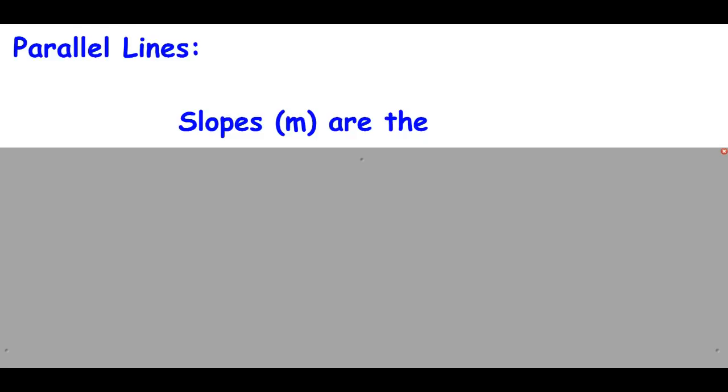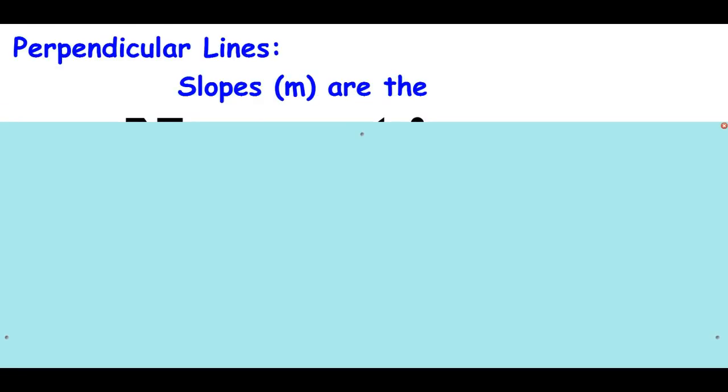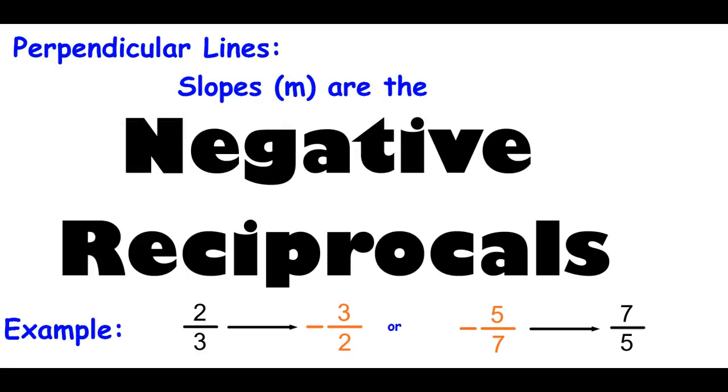For the graphing part of writing equations, if they're asking you for parallel lines, the slopes are going to be the same. Perpendicular lines, the slopes are negative reciprocals.